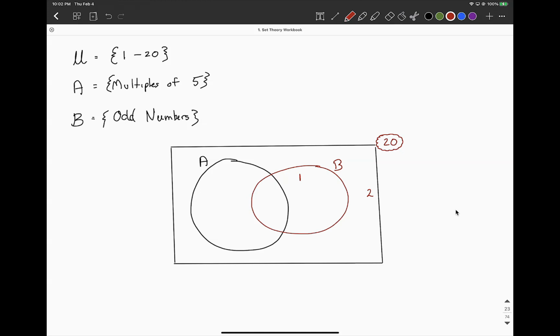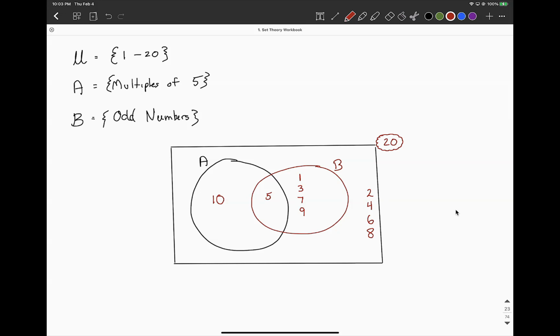So I move on. 3 is odd. 4 is neither. 5 belongs in both because it is both a multiple of 5 and odd. 6, 7, 8, 9, 10. 10 is special because it is a multiple of 5, but it's not odd. It doesn't belong out in the universe.